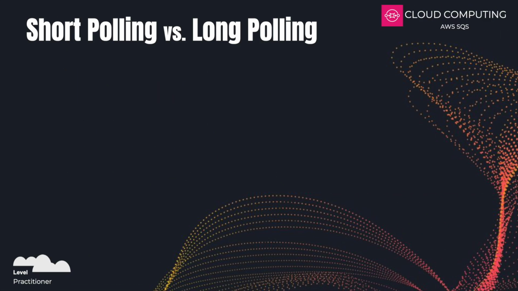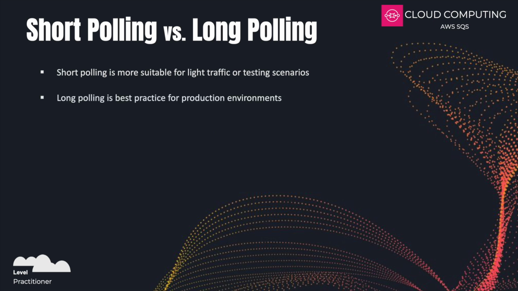So, what should you take away for your own projects? If your application is lightweight, has very low traffic, or you're only testing and don't mind a bit of extra cost, short polling can still work fine. But for most production workloads where efficiency and cost really matter, long polling is the option you want to go with. It reduces unnecessary requests, lowers costs, and ensures your system runs more smoothly.